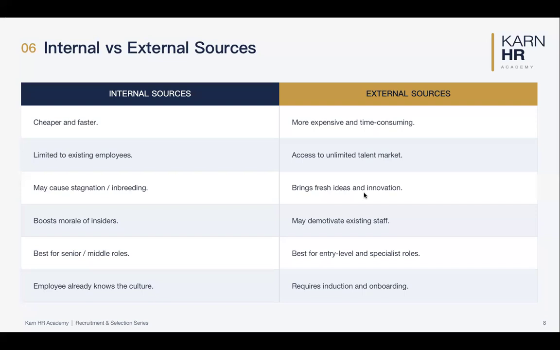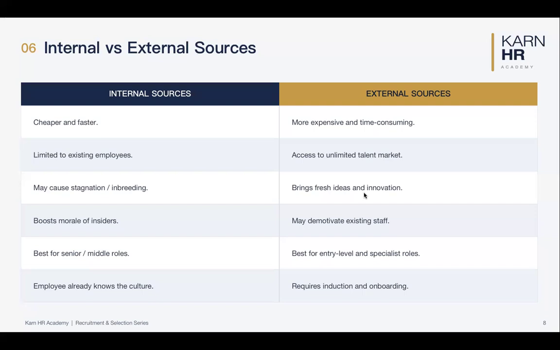Internal sources are best for senior and middle roles, but external sources are best for entry level and specialist roles, as we have already discussed in the sources of recruitment. If we need senior or middle roles, there could be succession planning inside the organization. But if you need fresh talent, like engineering graduates, the young talent, you can always look outside the organization, for entry level and specialist roles.